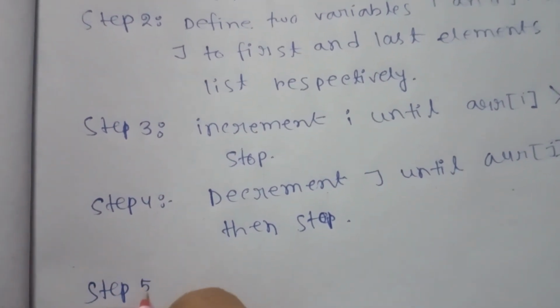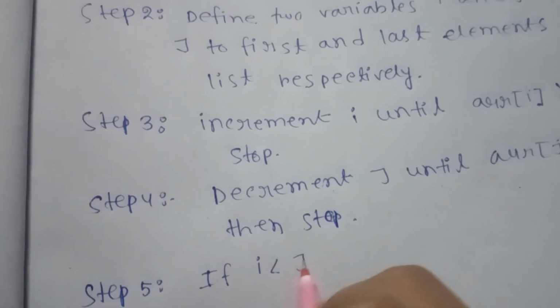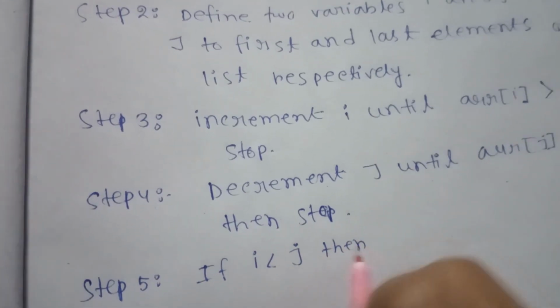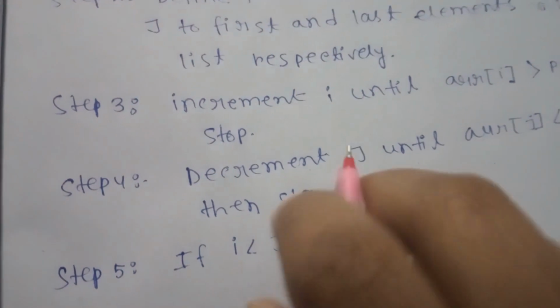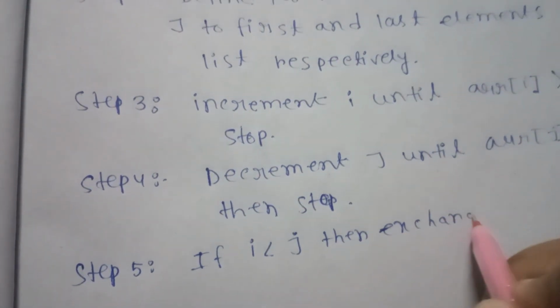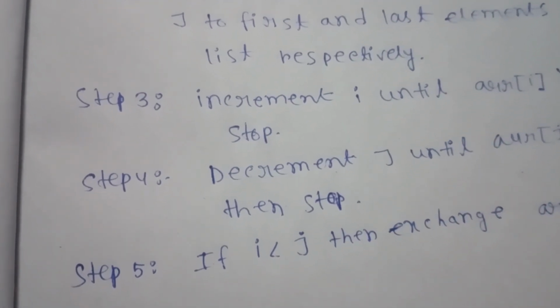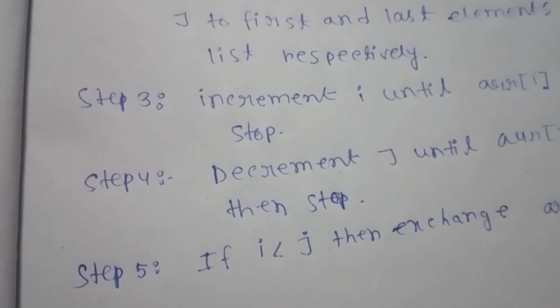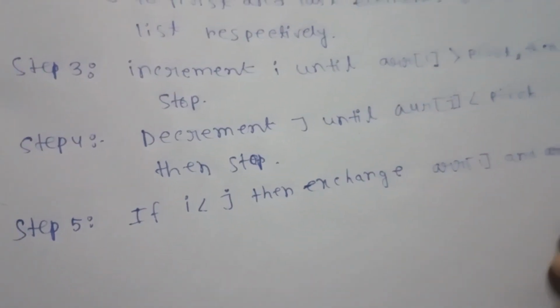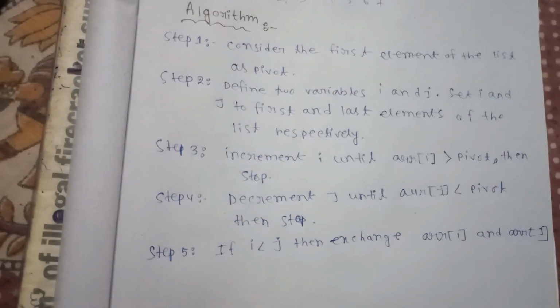Step 5. If i is less than j, then exchange array of i and array of j.